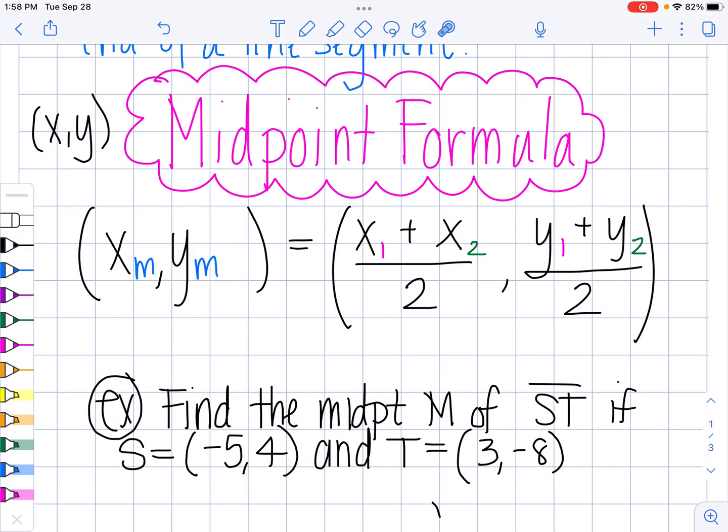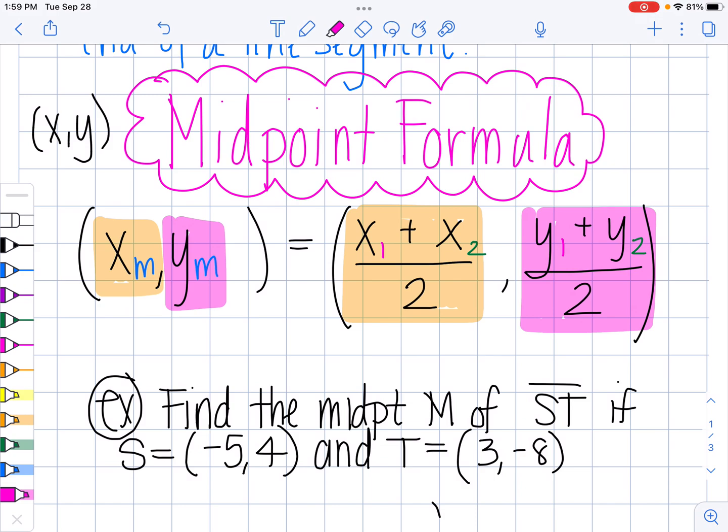To find the x coordinate of the midpoint, you take the x values of both your endpoints, add them up, and divide by 2. Take the average. To find the y coordinate of your midpoint, you add up both the y values of your endpoints and divide by 2, or find the average.